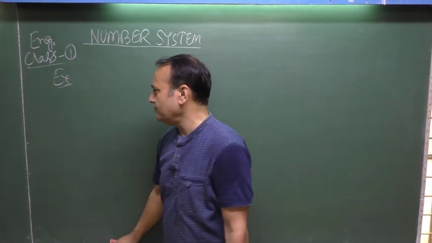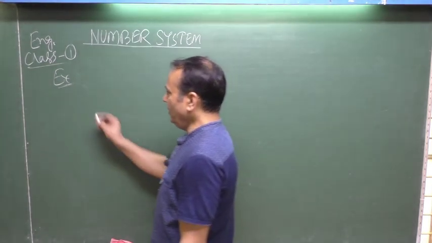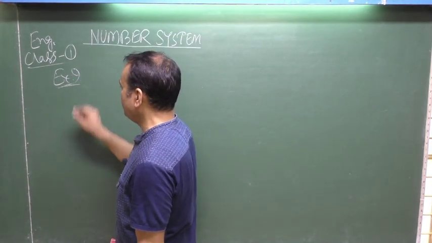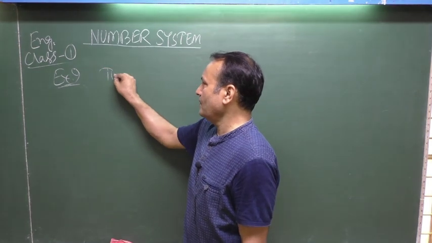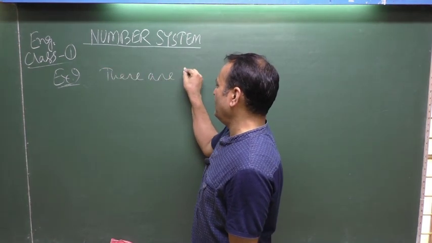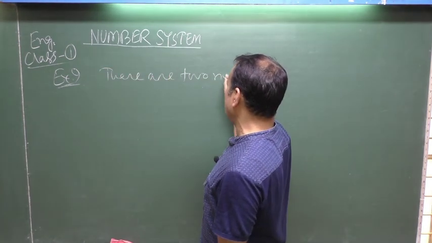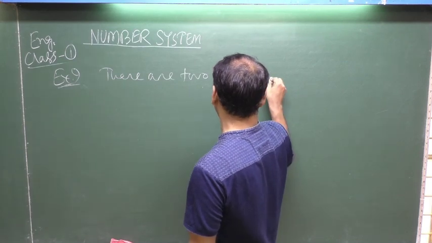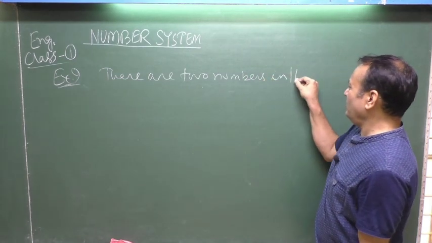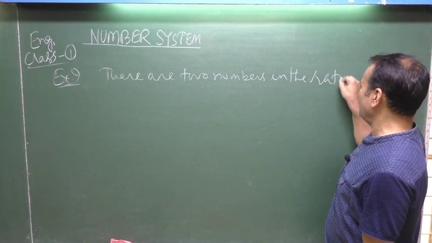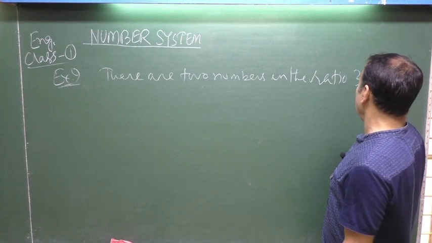Now, example 9. There are two numbers in the ratio 3:5.